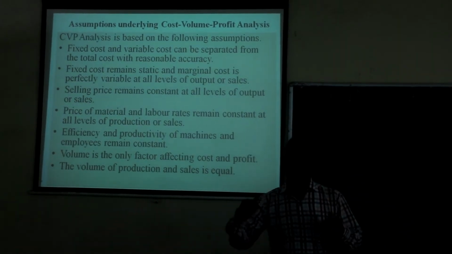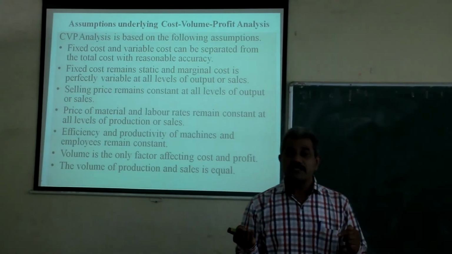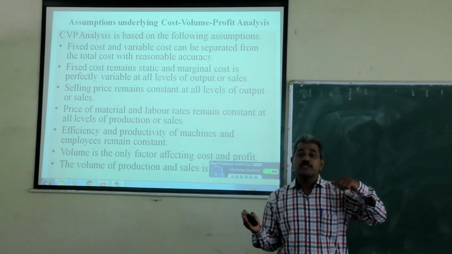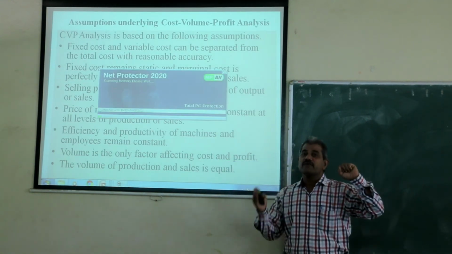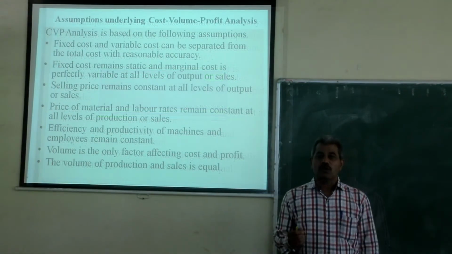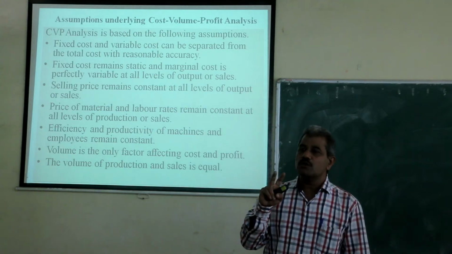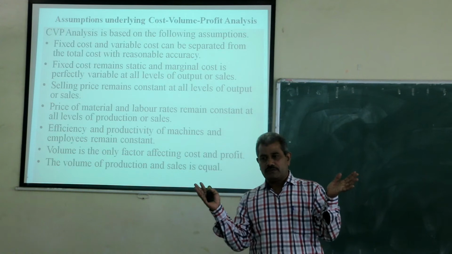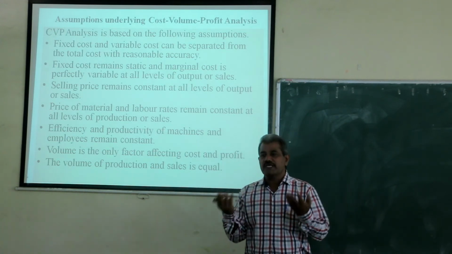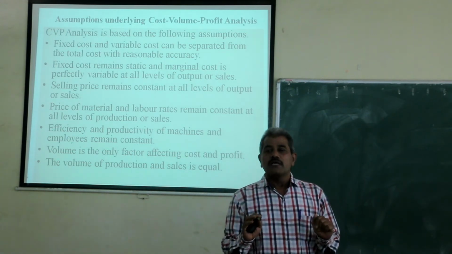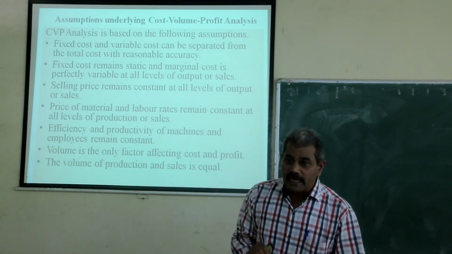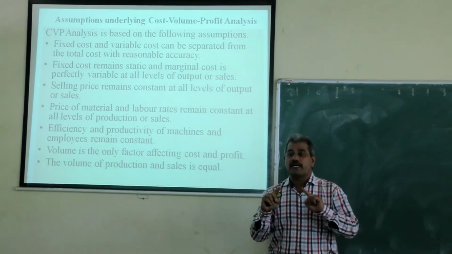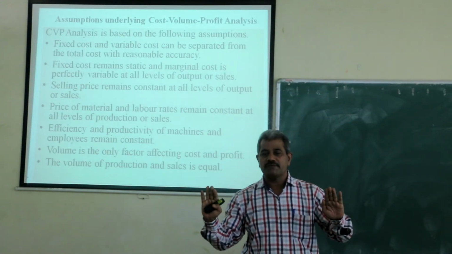Those which are semi-variable or semi-fixed can also be separated with the greatest accuracy into fixed cost and variable cost. These are the two types of cost, by combining which we can get the total cost. It is assumed that the total cost can be divided in two parts, fixed cost and variable cost.